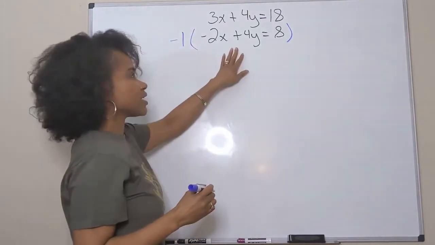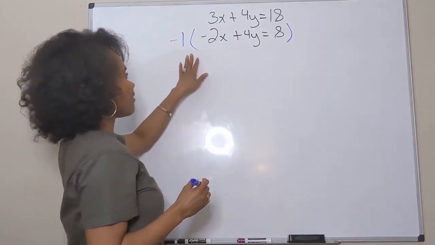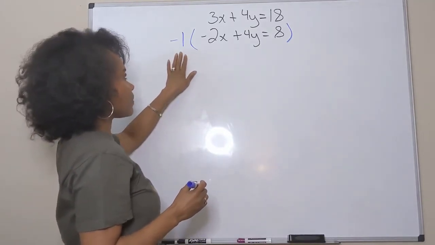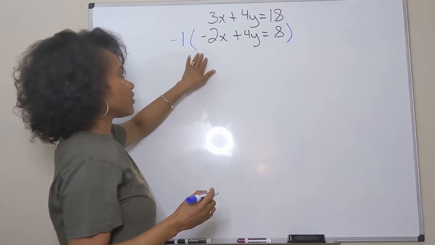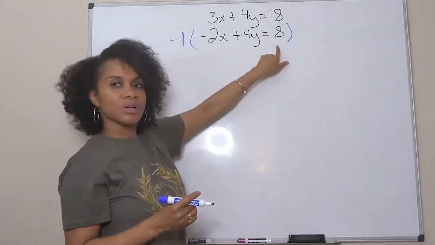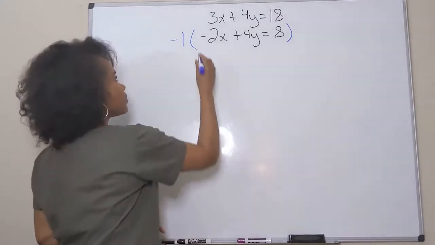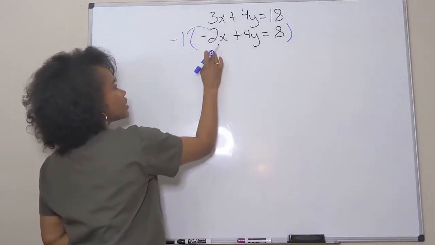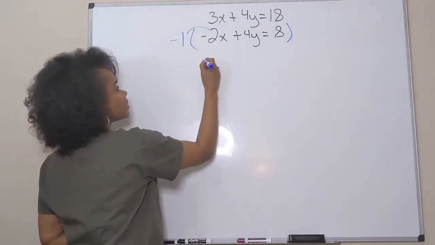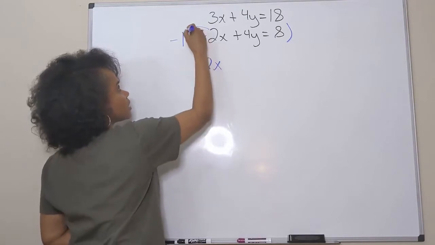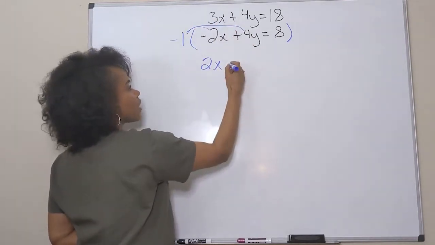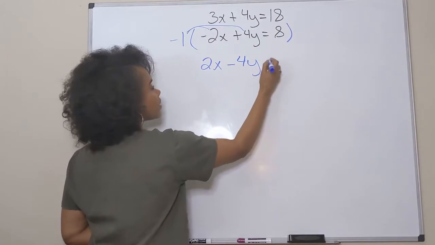So I'm just picking the second equation. And you have to multiply that number, this negative 1, by everything, including what's on the other side of your equal sign. So let's do that. Negative 1 times negative 2 will give me 2x. Negative 1 times 4y will give me negative 4y.